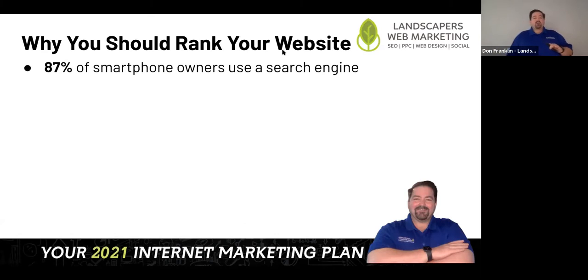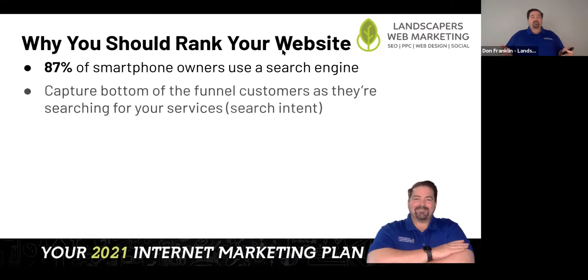So why should you rank your website on Google? Why do you care about being on page 1? Well, 87% of smartphone owners use a search engine. So you're capturing 87% of people if you're on there. They're going to their phone and doing a search for your company, what you offer, the problems you solve, your solutions.